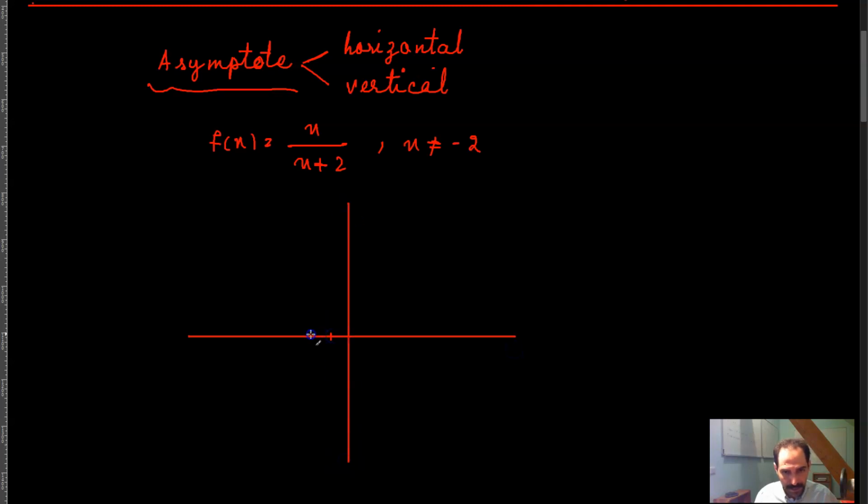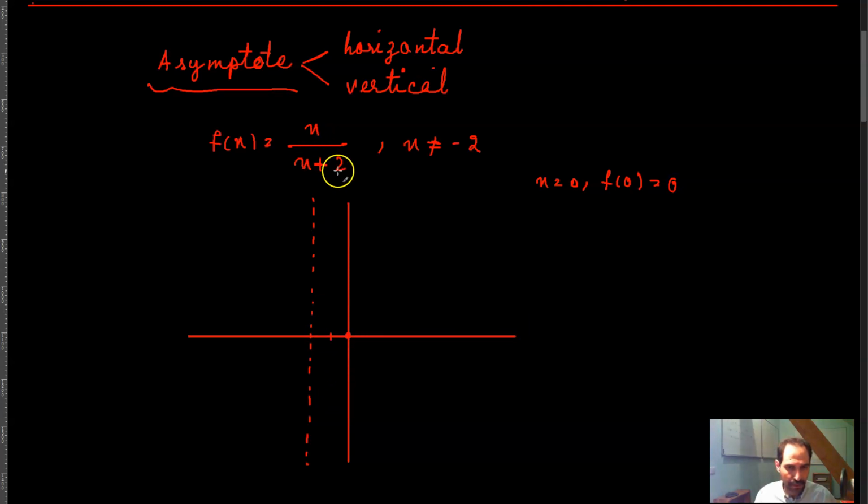For example, you have -1 and -2, and then a horizontal line like this, a vertical line like this, and of course your function goes through 0, 0, because f of 0 is equal to 0 divided by something, which is 0. So your function goes through this point.